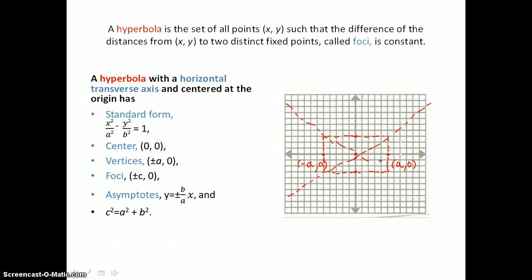Now when I draw the branches of the hyperbola, they travel through the vertices and they follow those asymptotes. Those are the branches of this hyperbola with a horizontal transverse axis.